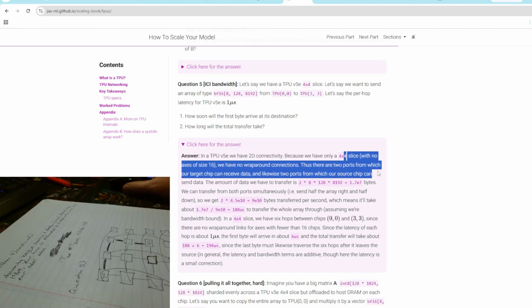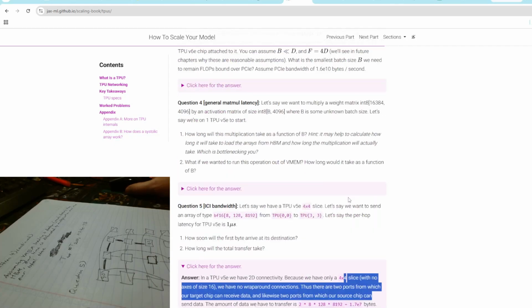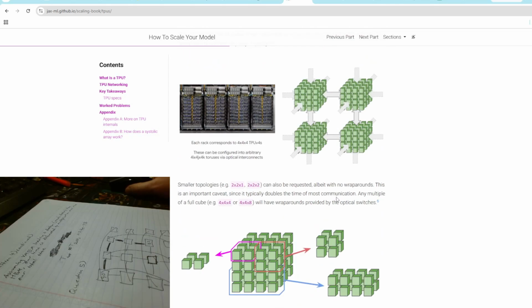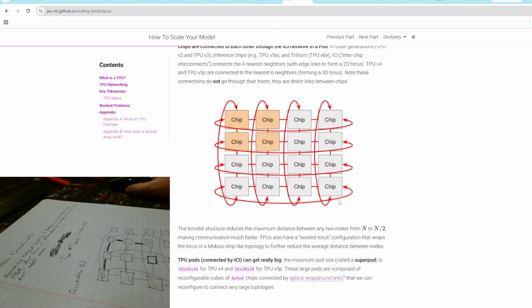So what does it mean that there's only 2 ports that can send data and receive data? I don't know exactly what that means. Yeah, I didn't read closely enough. Why can't you just traverse from one chip to the next, down, down, 1, 2, 3, 4?